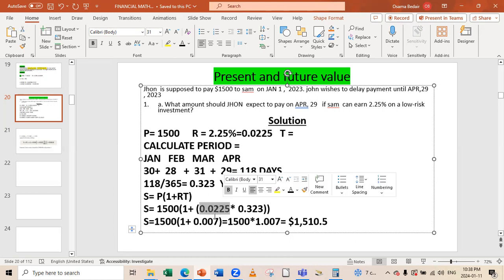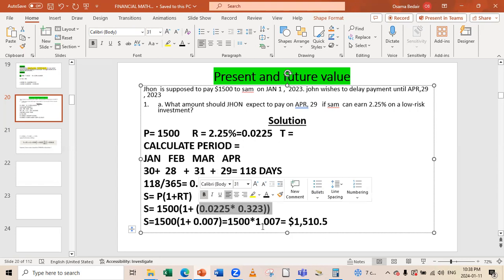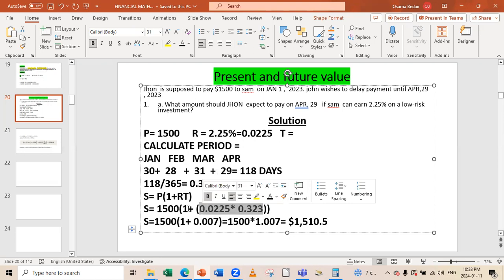And the R is 0.0225, multiplied by the year, which is 0.323. We finish this part first. It will be 0.007 plus 1, then it will be 1.007.